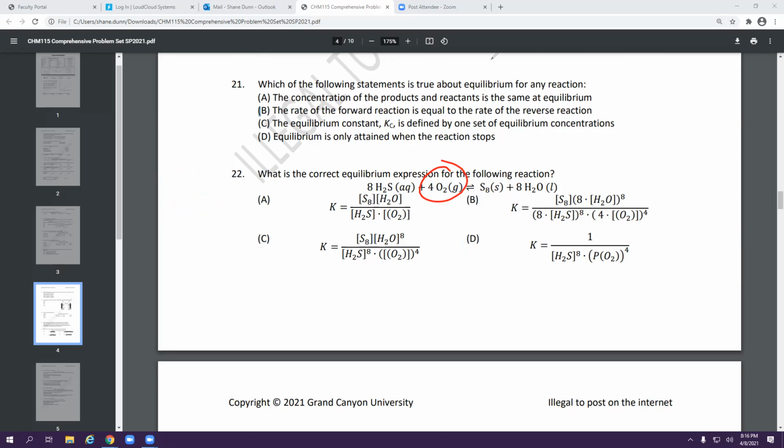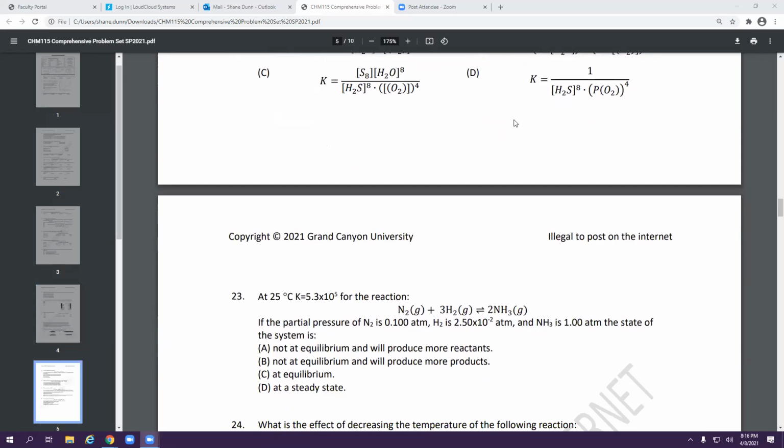So can I have concentration of a gas? Not really. It can have pressure of a gas, right? So if you have a gas, you have to do partial pressure. You can't do concentration. So you can only do Kp of gases. You can only do Kc of aqueous solutions, because that's the definition of concentration, is something dissolved in water.